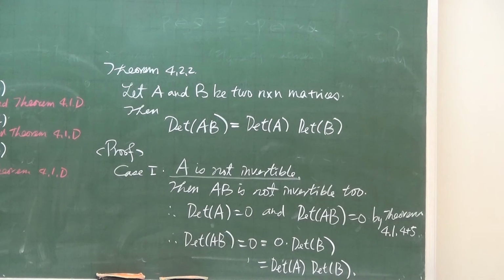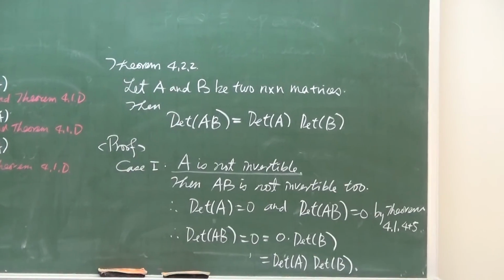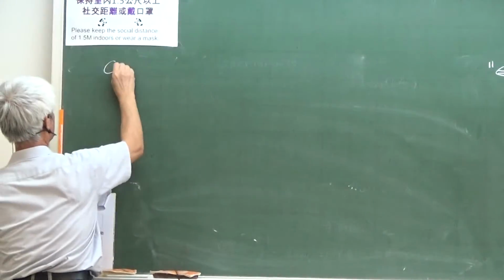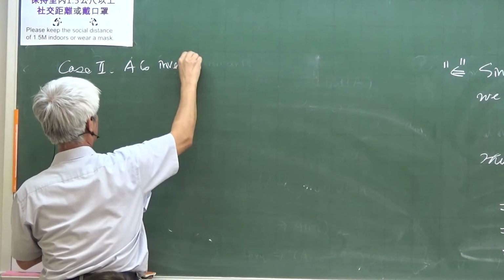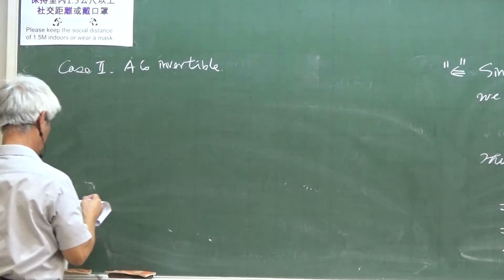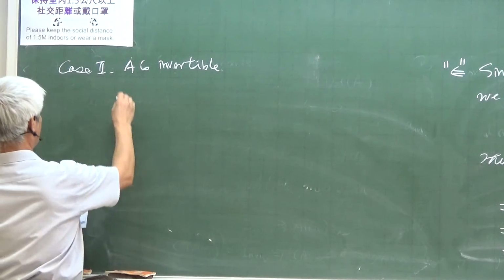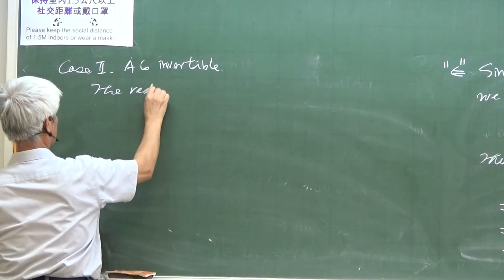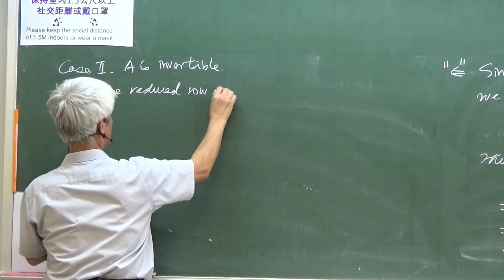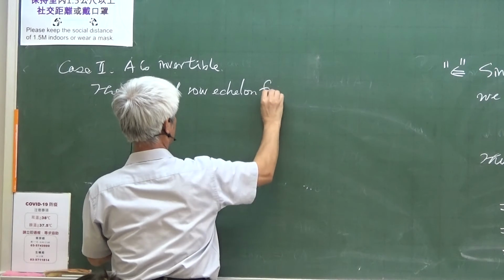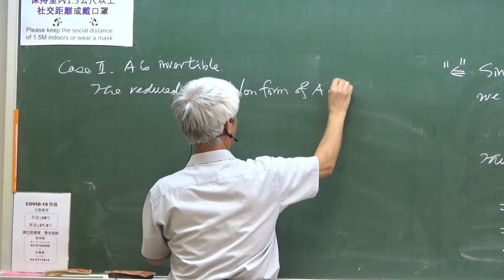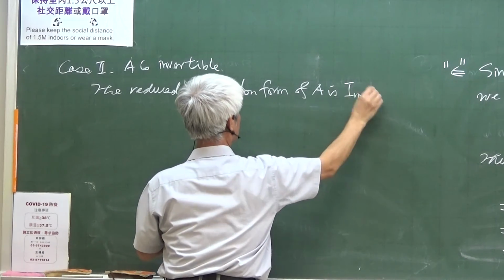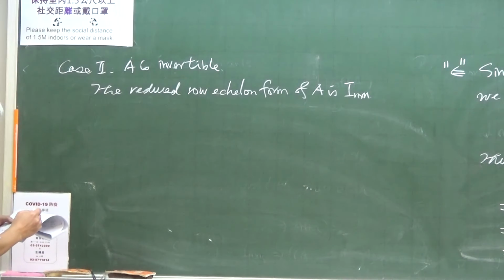Case number 2: A is invertible. So the reduced row echelon form of A is the identity, because A is invertible.